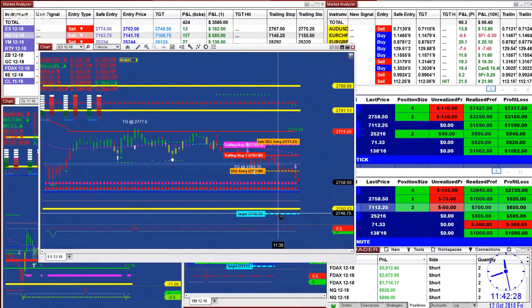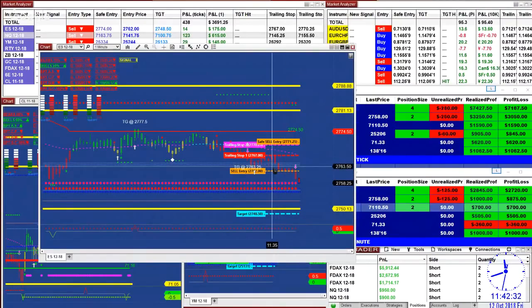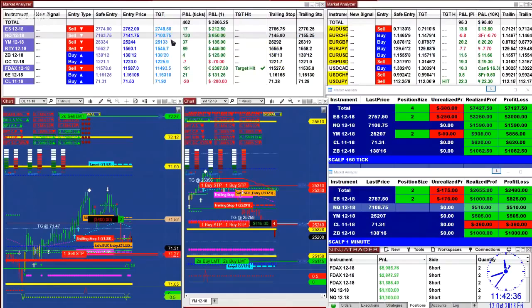So there are two options here, guys. So it's up to you. The market analyzer here, now you have 17 ticks on that trade based on one contract. And it is your option if you want to close that trade, or you want to stay on that trade.